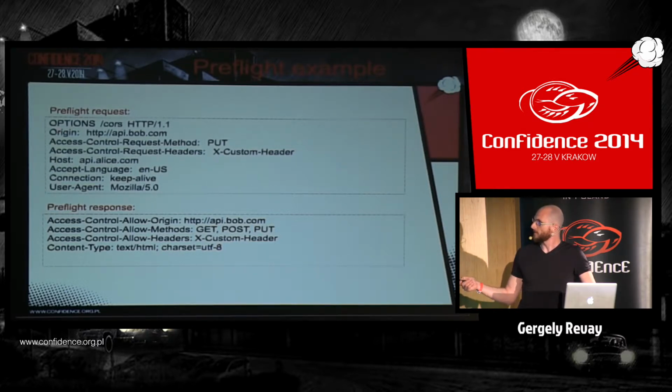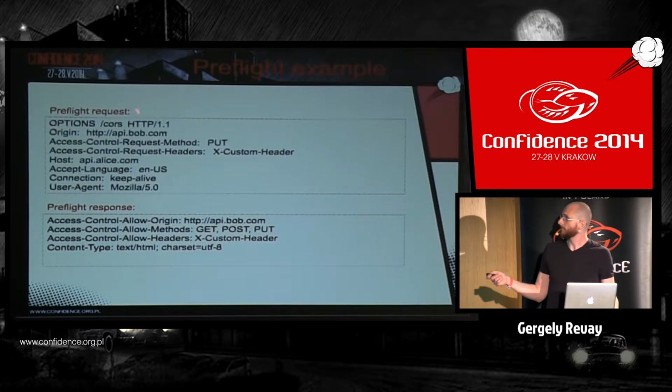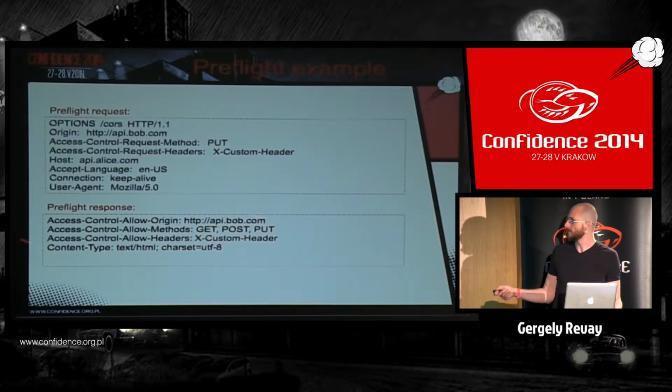And then there are a bunch of Access-Control-Request headers in the request. This pre-flight request is actually asking the server whether a PUT request with some funny header is allowed or not. And the server will respond with this.